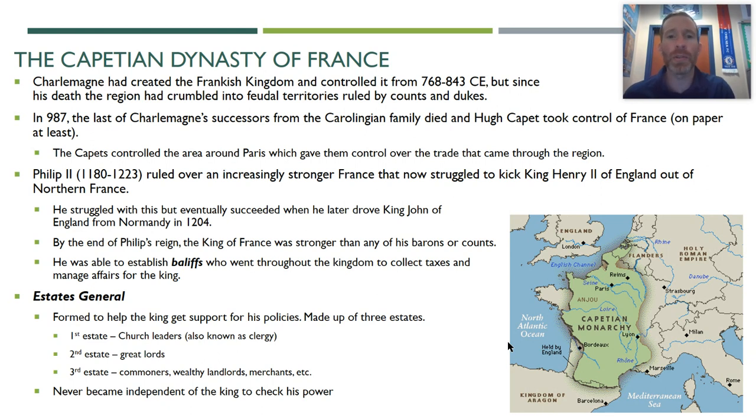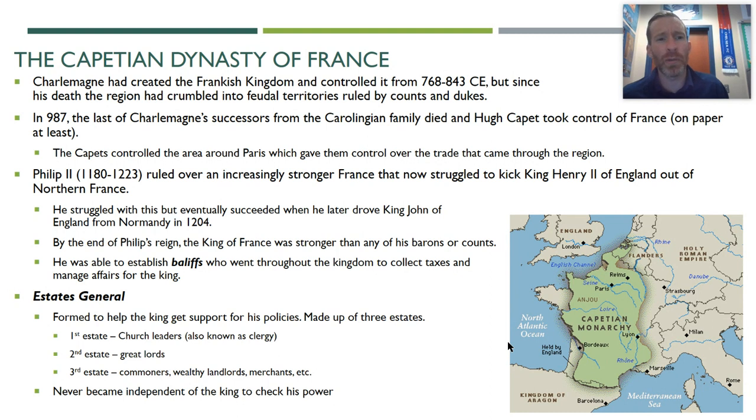And that's even more so the case after he dies. Because once he dies, it's going to crumble up between his successors, and they're going to fight over control. And when his last successor dies, a guy named Hugh Capet is going to take control of France. They're going to really just control the area around Paris, though.